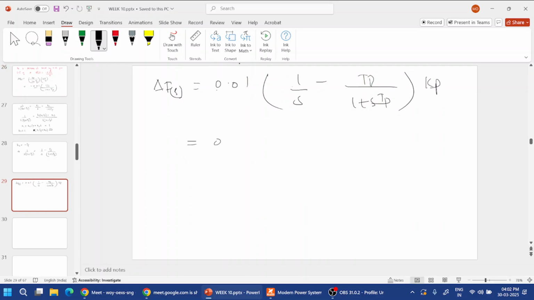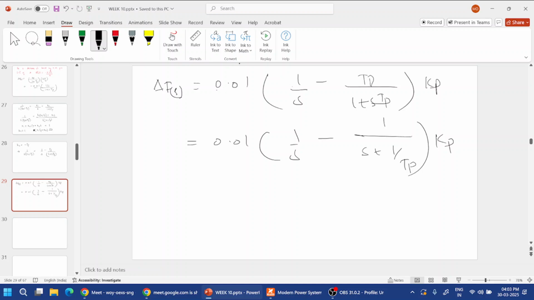Now 0.01, 1 by s minus... If we take TP common, then 1 by s plus 1 by Tp will be here and Kp will be here.